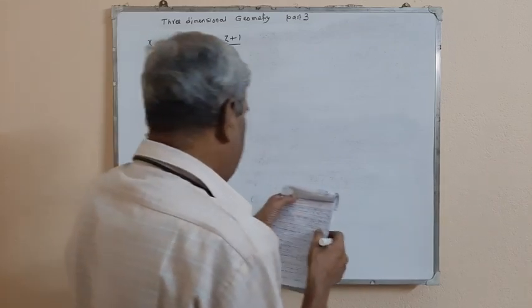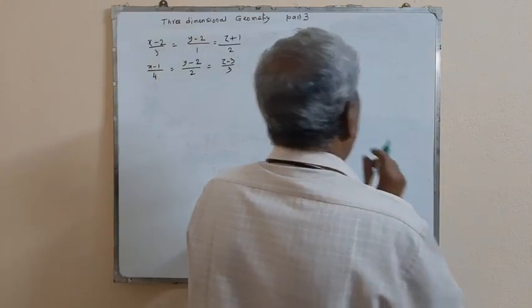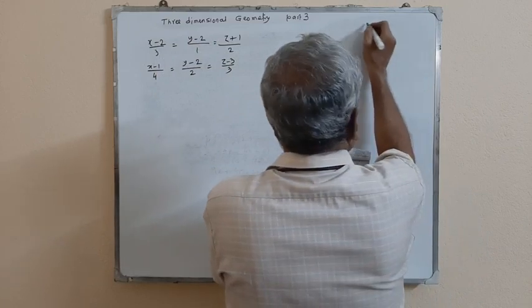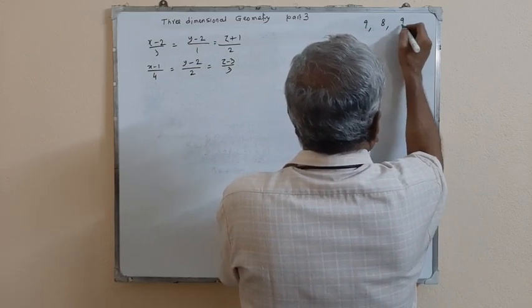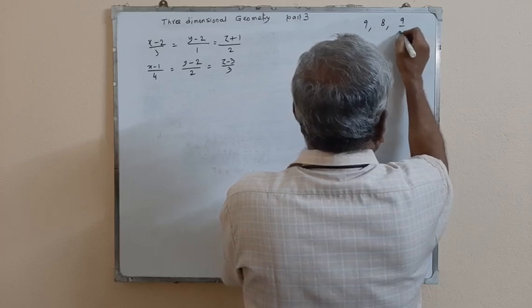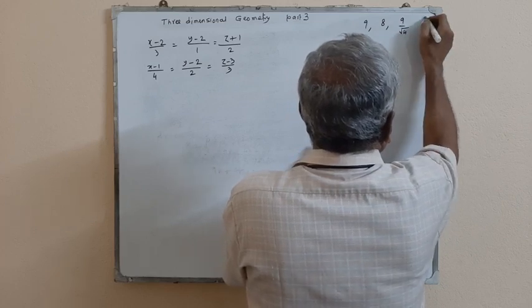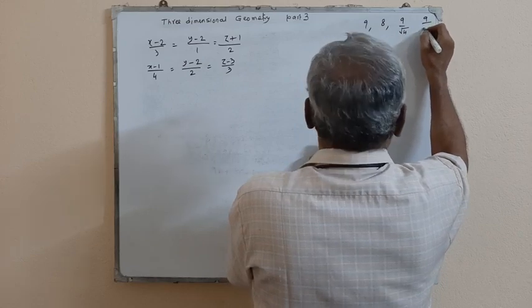The shortest distance between these two straight lines is how much? The options are 9, 8, 9 by root 4, 9 by root 6.